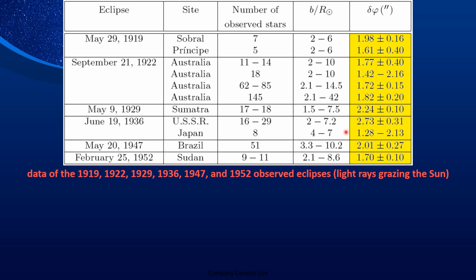So what we have here is that with respect to the 1.75 arcsec theoretical expectation value, we have the average value of deflection, which could be contained within the errors, but the values that we find here are all above the theoretical expectation value.